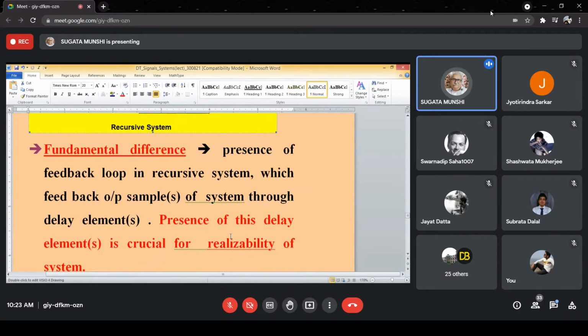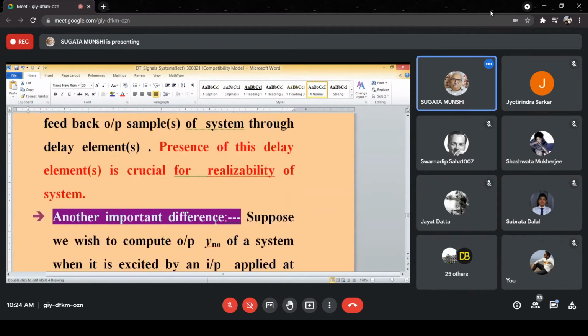The fundamental difference lies in the absence of the feedback loop in case of the non-recursive system and its presence in case of the recursive system. In absence of these delay elements, the system couldn't be realized.